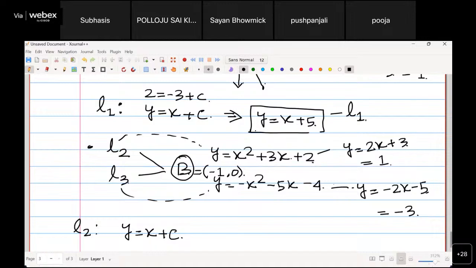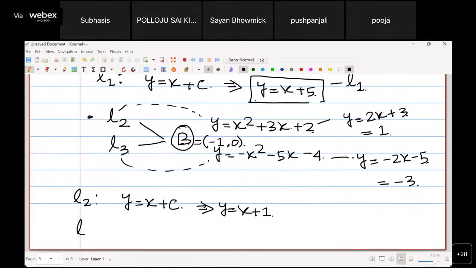The line passes through minus 1 comma 0, so if I substitute it, c is 1. So the line is y equals x plus 1. Next I need the equation of L3: y equals minus 3x plus c. Substituting minus 1 comma 0, c equals 3. So y equals minus 3x plus 3.